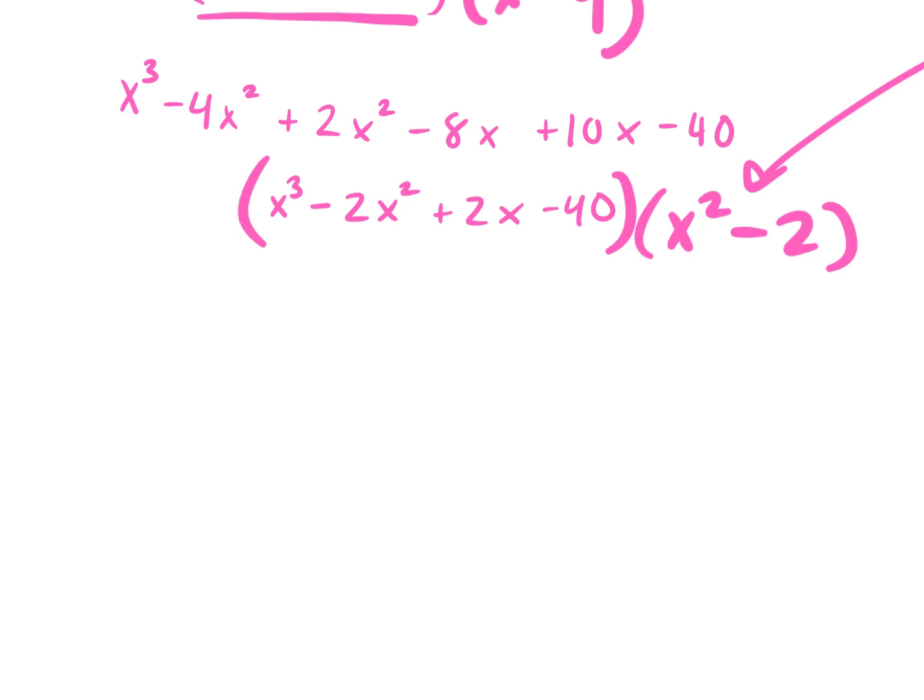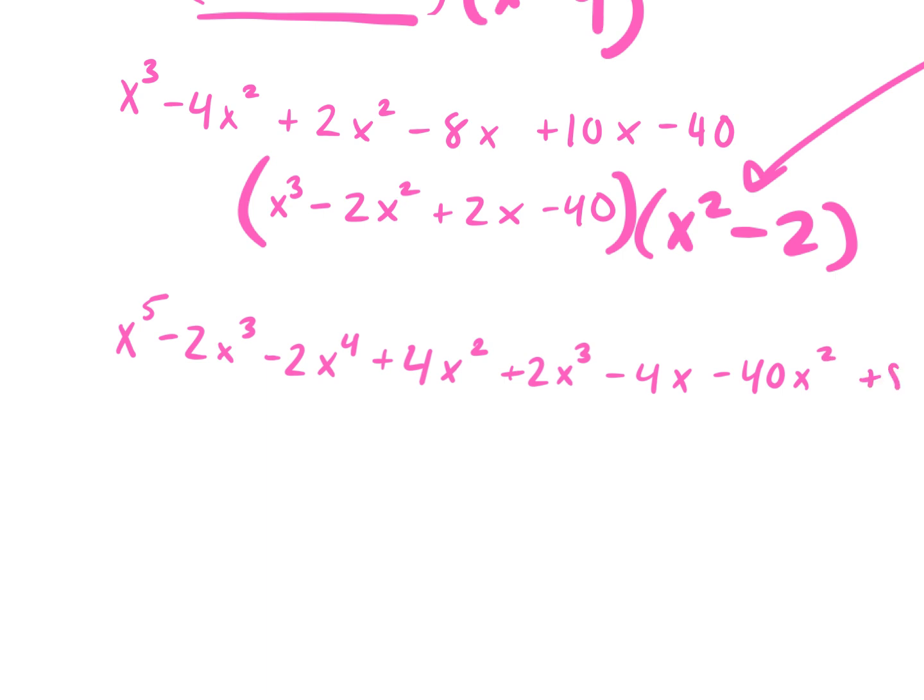So we got x to the 5th power minus 2x cubed minus 2x to the 4th power plus 4x squared plus 2x cubed minus 4x minus 40x squared plus 80.